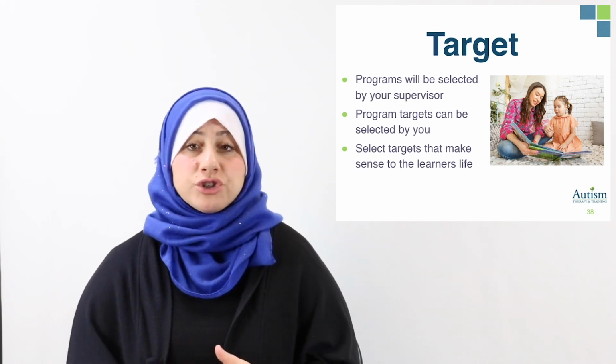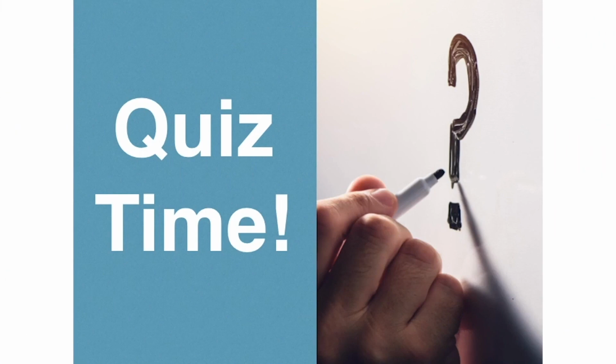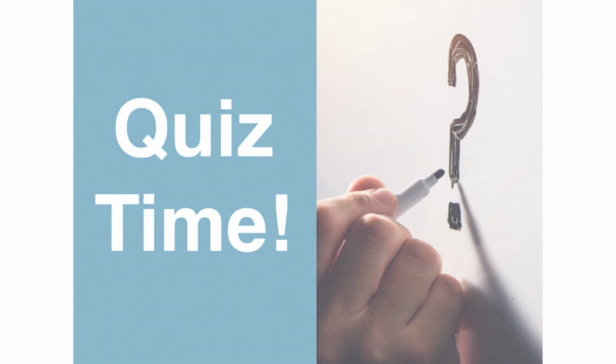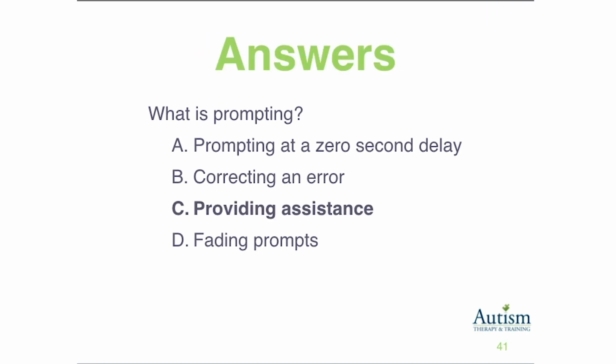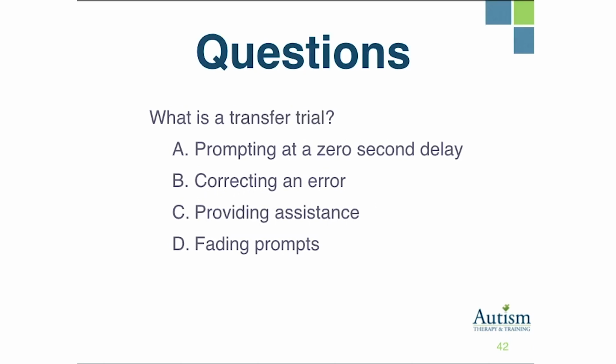Okay, so let's jump into the quiz. Good luck. What is prompting? A, prompting at a 0-second delay. B, correcting an error. C, providing assistance, or D, fading prompts. And the correct response is C, providing assistance.